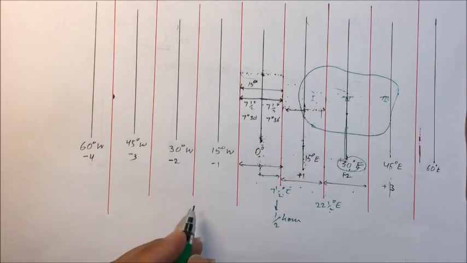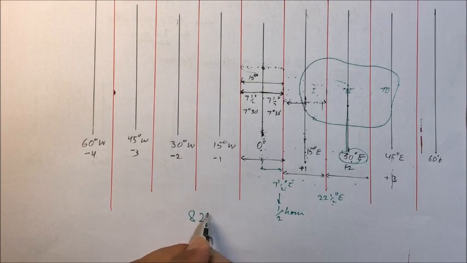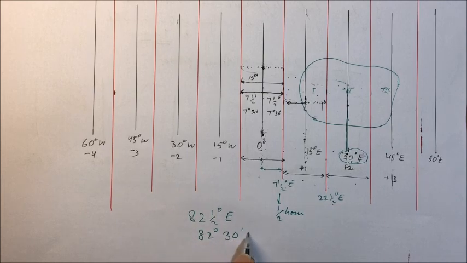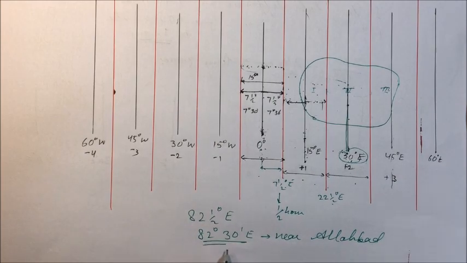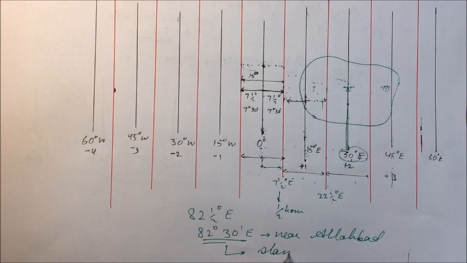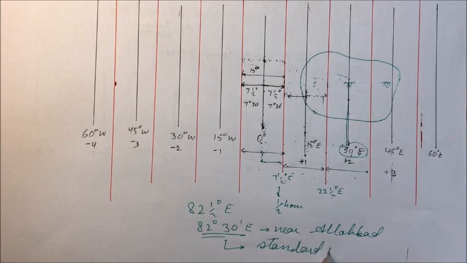For example, India has selected 82.5 degrees east, that is 82 degrees and 30 minutes east. This longitude passes near Allahabad, and this is our standard meridian.